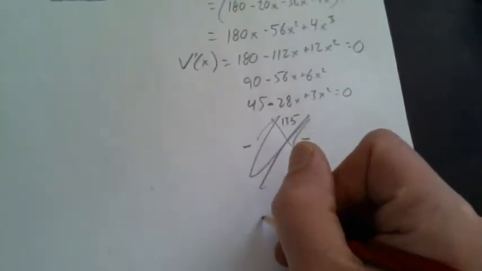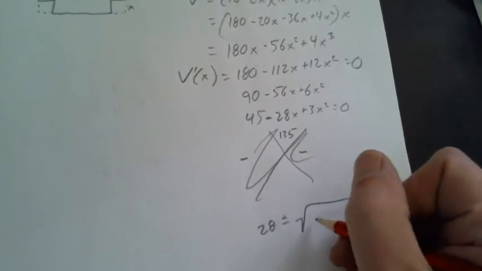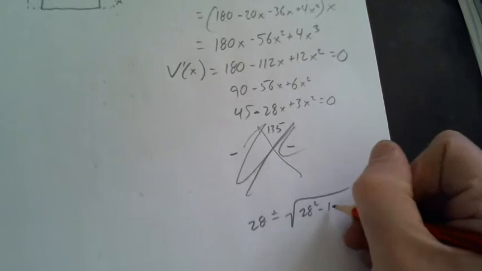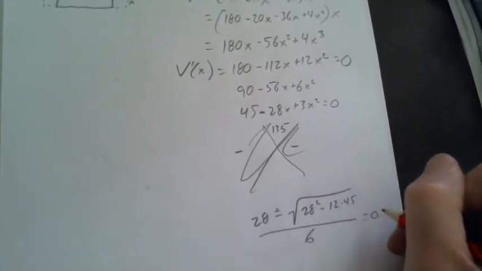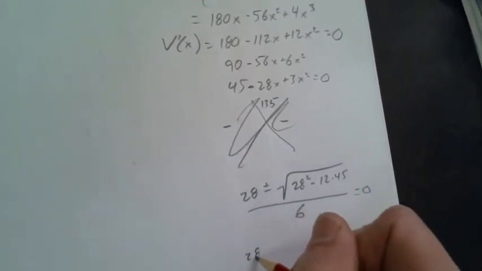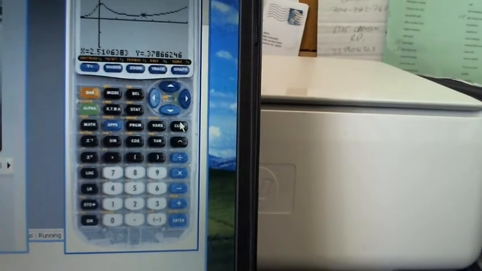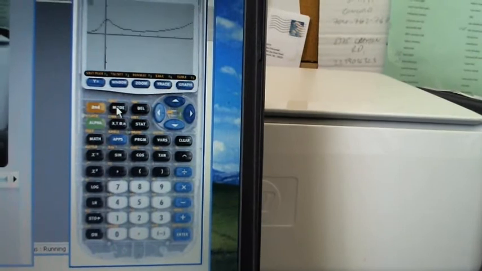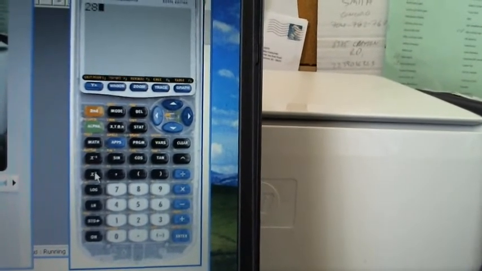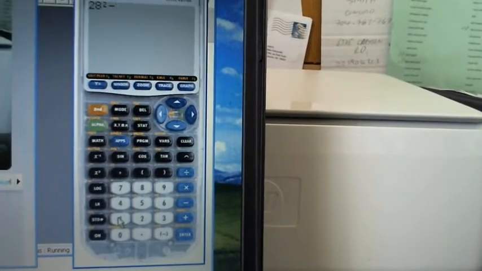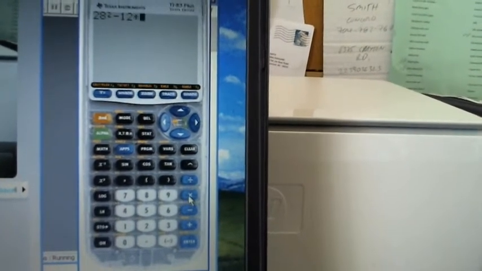Negative b plus or minus the square root of b squared minus 4ac, over 2a. That's 28 squared minus 12 times 45.